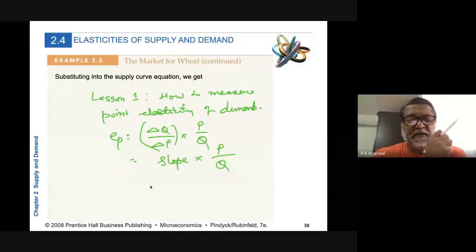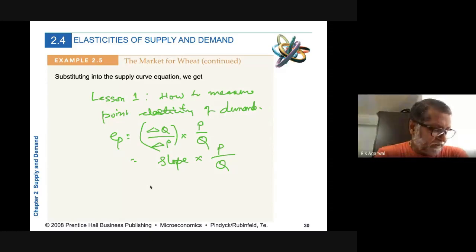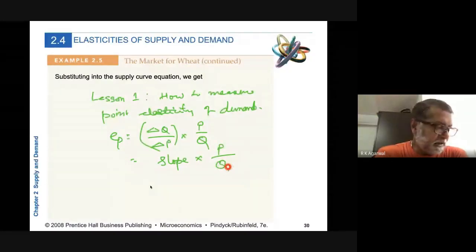So basically we need three quantities: slope, the price at which we wish to calculate elasticity, and the quantity which is determined by the equilibrium price, or the price at which we wish to calculate the point elasticity.